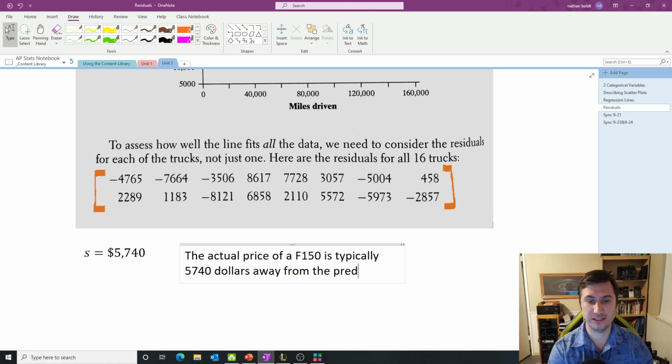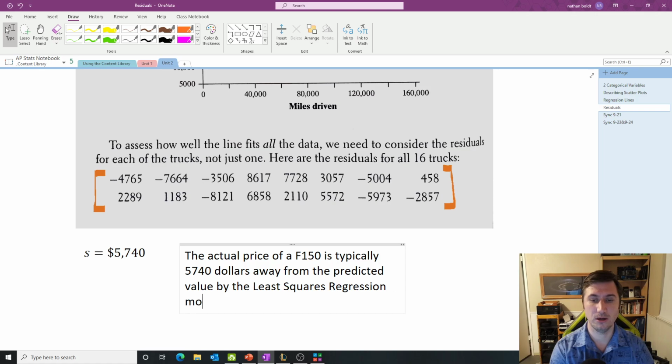From the predicted value by the least squares regression model, where X is miles driven.